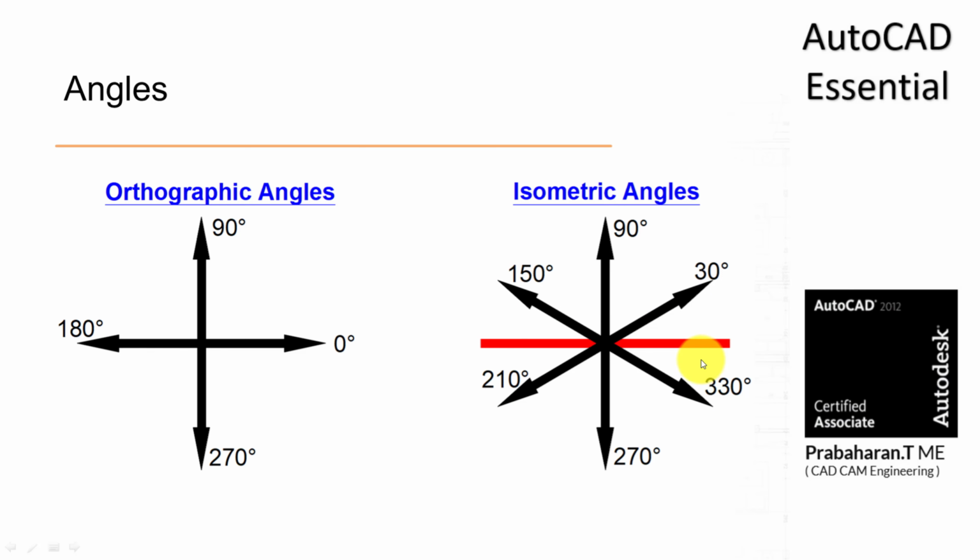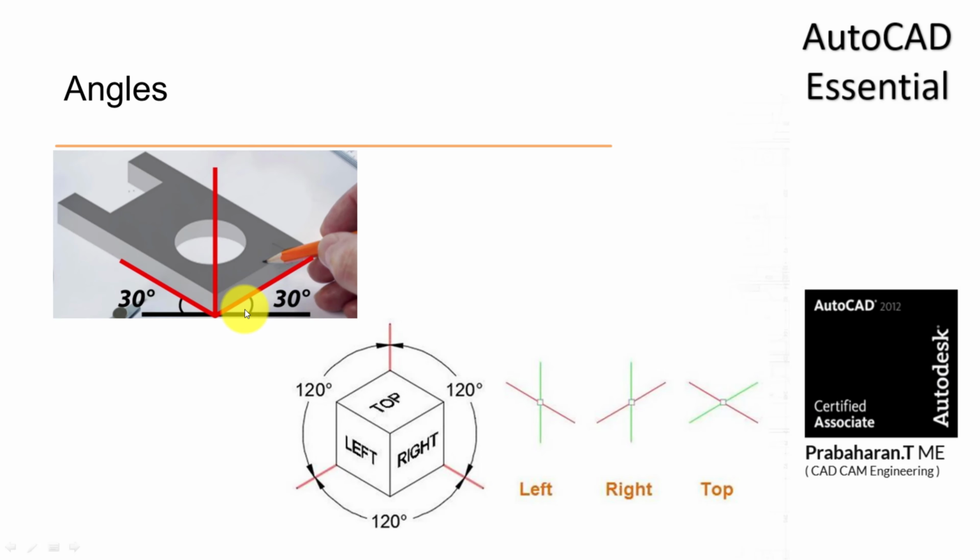So indirectly I am telling you, in isometric we should not use the x-axis. That means there is no horizontal line. All the horizontal lines will be drawn at an angle of 30 degrees with positive x-axis and negative x-axis. So listen here, we are going to draw all the x-axis lines in the inclination of 30 degrees, so that the object will look three-dimensional in 2D.